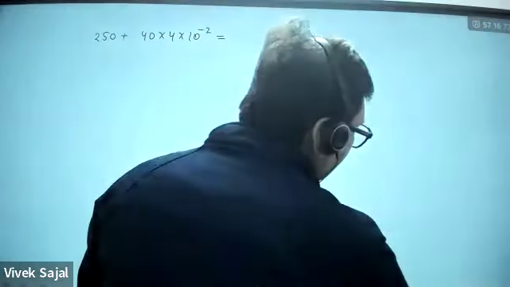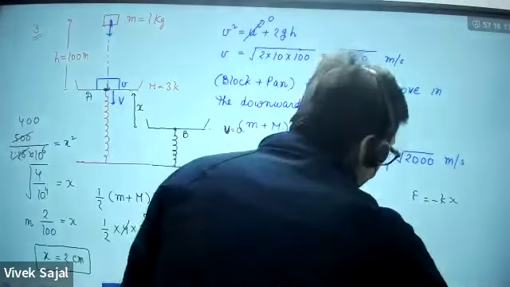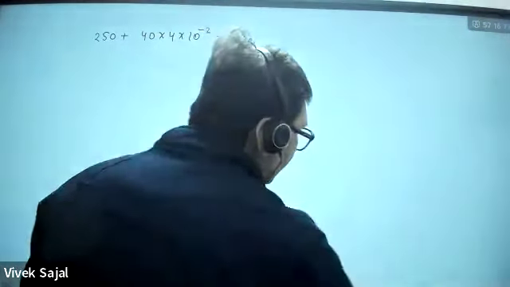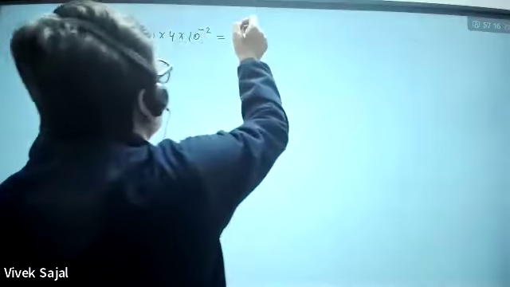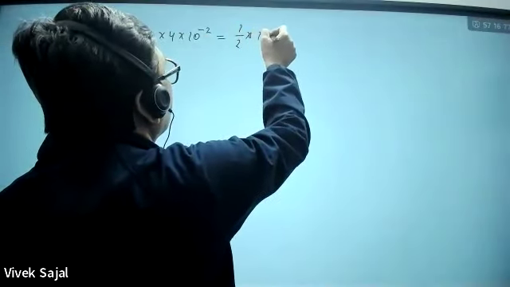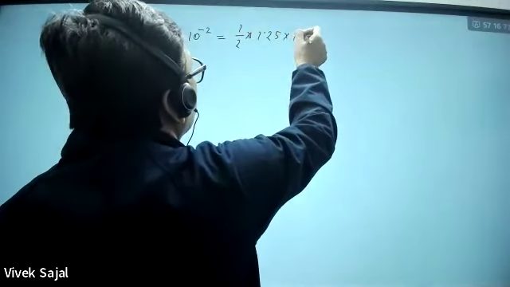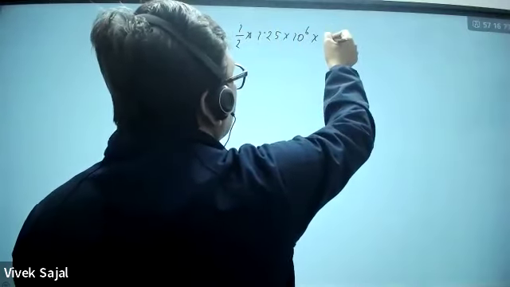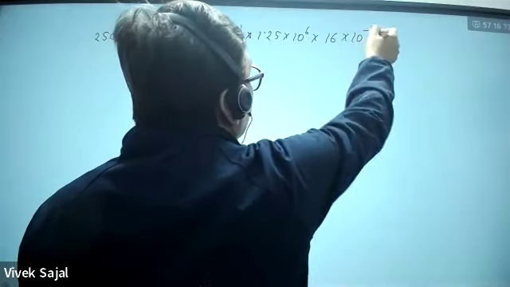So in this way, sometimes you can check. Okay, this will be 1 by 2. If you get the correct answer, then where is the question? This is 1 by 2 equal to 1 by 2 into 1.25 into 10 to the power 6 into x square, 4 centimeters. So this will be 16 into 10 to the power minus 4.